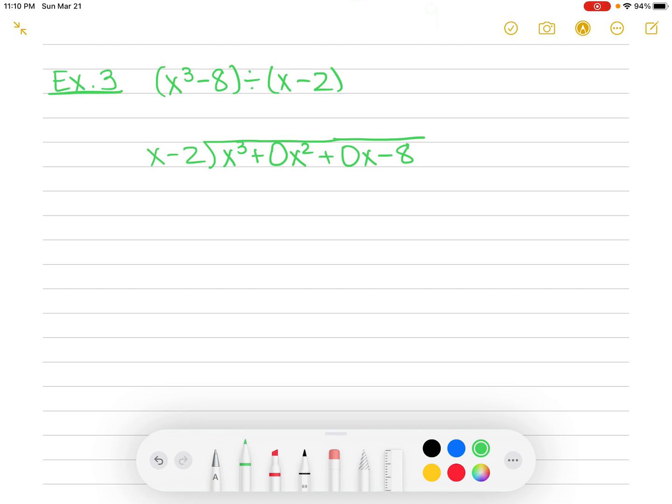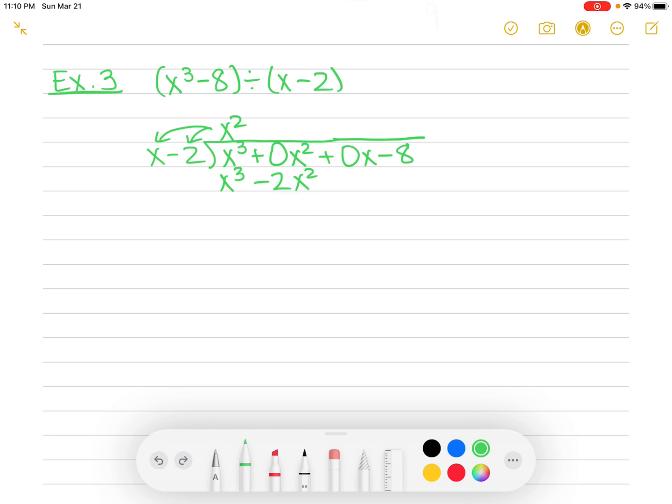Okay, so when I come back to do this one, I'm going to say, what do I multiply by x to get x cubed? X squared. So x squared times x is x cubed, and x squared times minus 2 is a minus 2x squared. See how I had to do this so that I have something to put the x squared under?